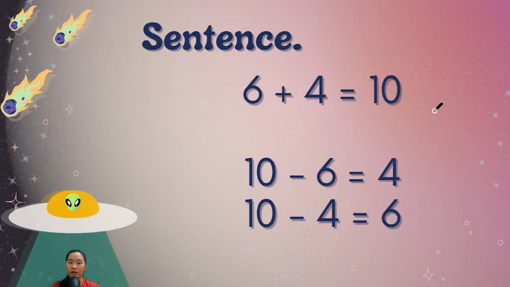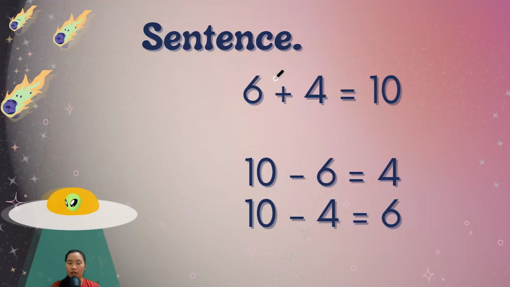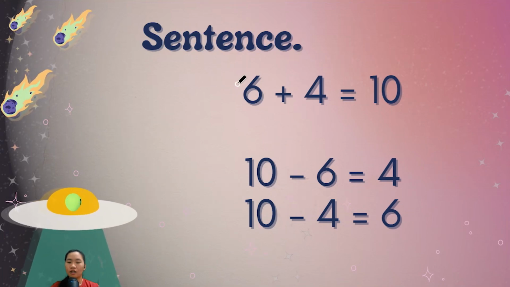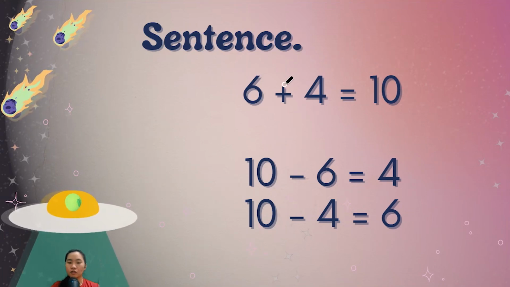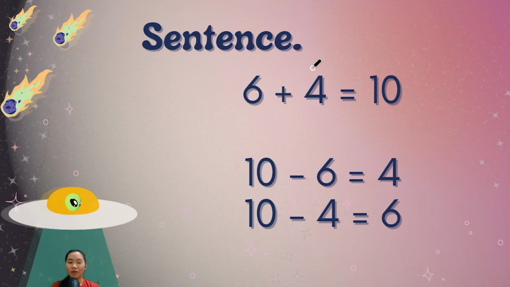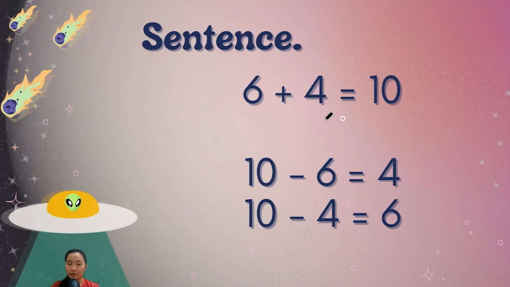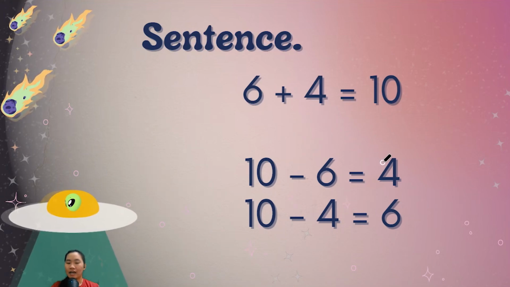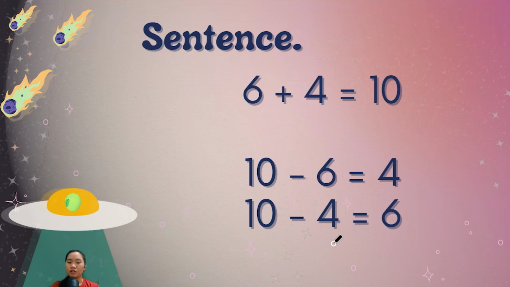Moving on, we're having sentences. Now, what we're going to do is derive 2 subtraction sentences from one addition sentence. 6 plus 4 equals 10. 10 minus 6, the first addend, equals 4, the second addend. 10 minus 4, the second addend, equals 6, the first addend.